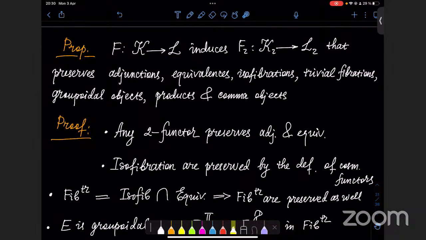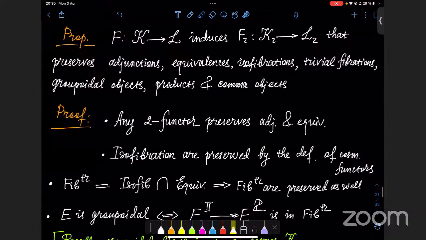In this case, it induces the functor F2 between the homotopy categories of K and L. And this functor F2 will preserve adjunctions, equivalences, isofibrations, trivial fibrations, groupoidal objects, products, and comma objects. It follows easily from the definitions.